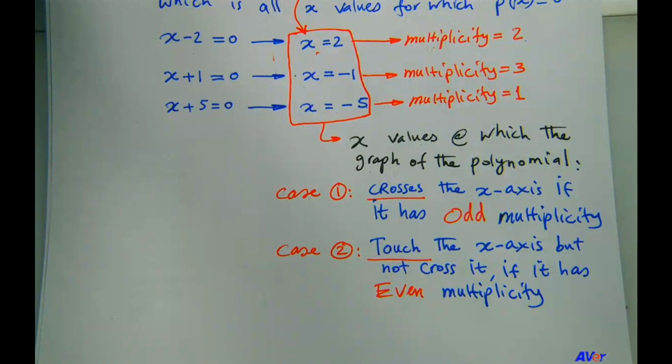So if it's not crossing it, what will it do? Well, if it cannot cross it, then the line will bounce back to the same side. If the multiplicity is even, the graph of the polynomial does not cross the x-axis. Instead, it will bounce back to the same side.